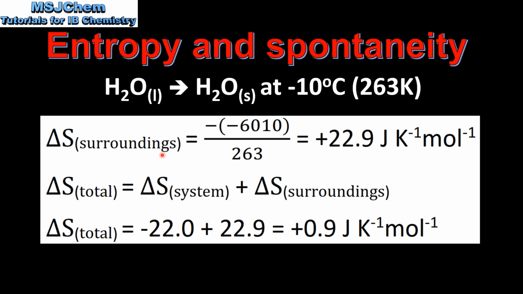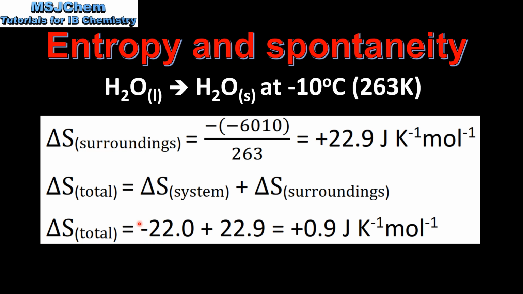So we use the first equation to calculate the entropy change for the surroundings. Here we have the change in enthalpy in joules, and here we have the temperature in Kelvin. That gives us a value of positive 22.9 joules per Kelvin mole. Next, we'll use this equation to calculate the total change in entropy.